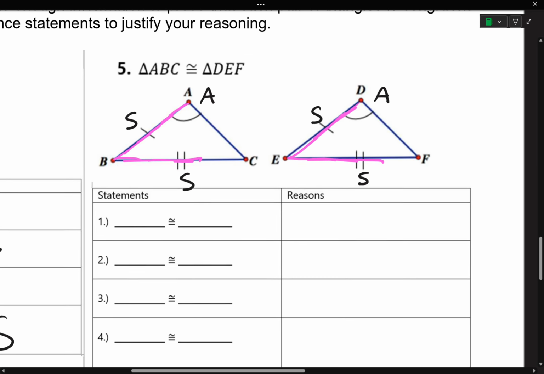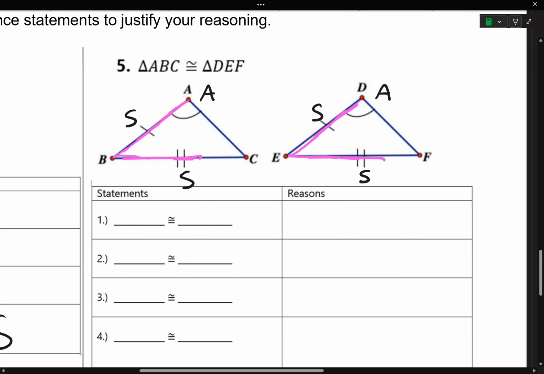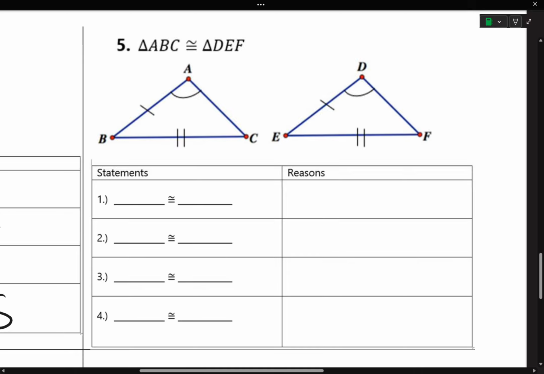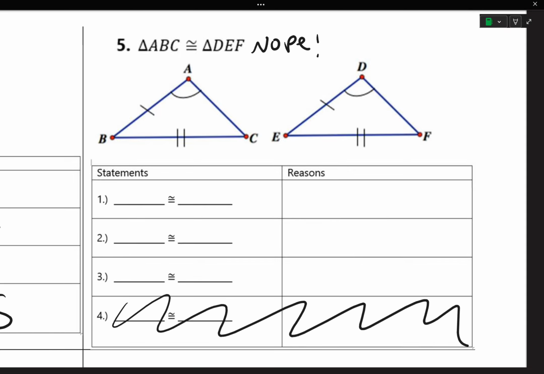Triangles are 2-dimensional anyways. They can't have them. So we won't have these true triangles be congruent to each other, but we can still practice writing our congruency statement. So here I'm going to write nope. Cross off number 4 because they're not even going to be congruent.